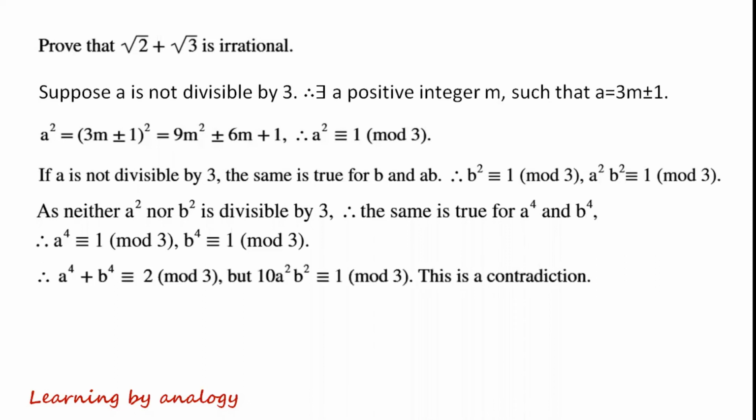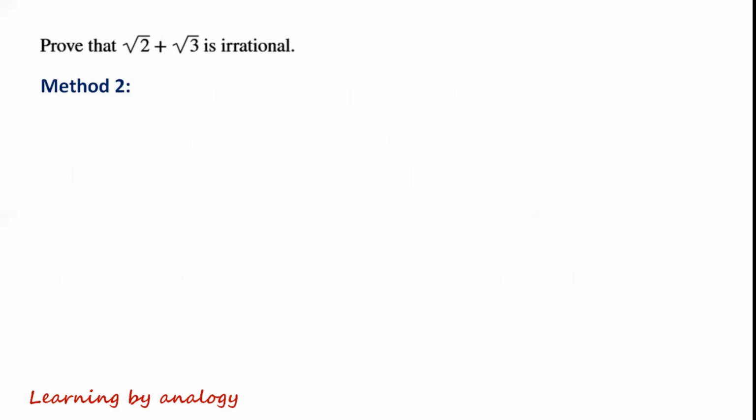So a to the power of 4 plus b to the power of 4 is congruent to 2 mod 3. But 10a squared b squared is congruent to 1 mod 3. This is a contradiction. So root 2 plus root 3 is irrational. The proof is now complete. Now we have an alternative method.